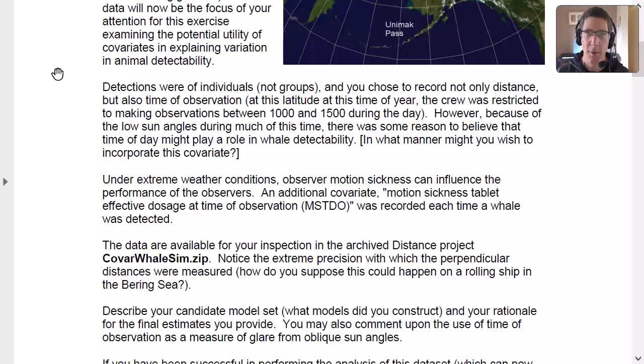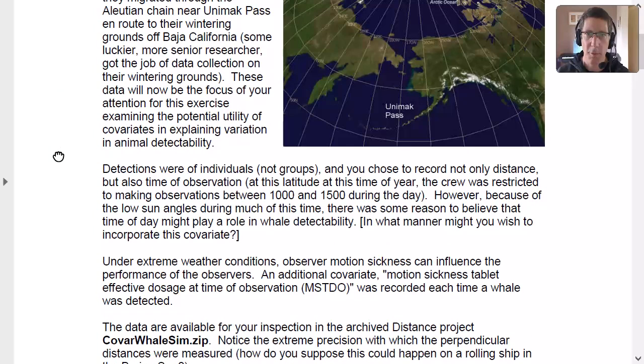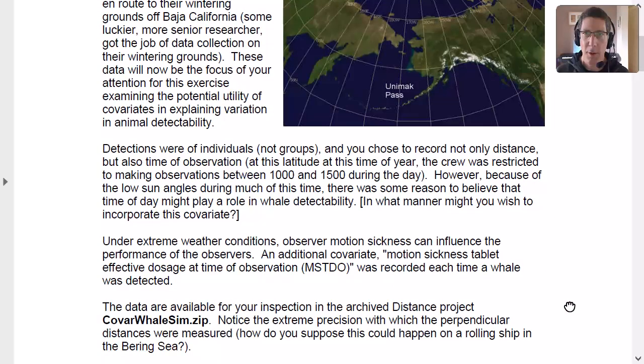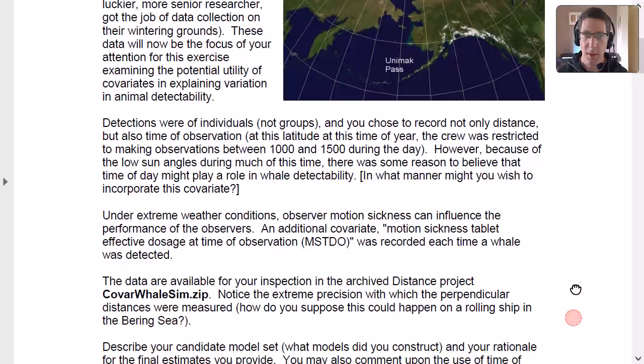It's a line transect survey, and the covariates that are available are time of day, which is thought to affect detectability because of sun angles, and also a motion sickness tablet dosage variable, which is the second one here. So because that one's simulated data, it's relatively straightforward to analyze, and we also know what the correct answer is.